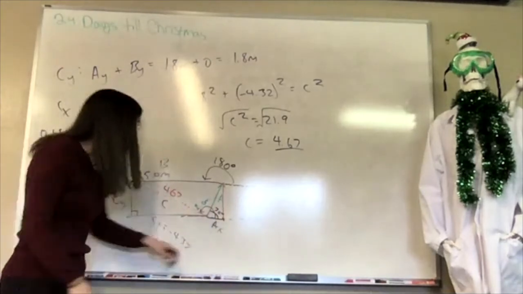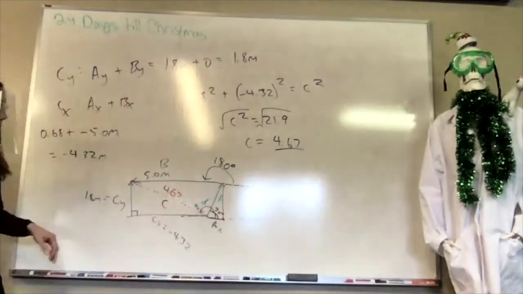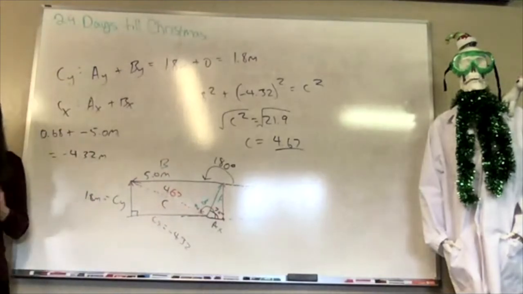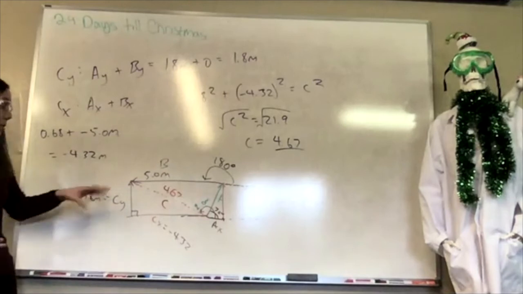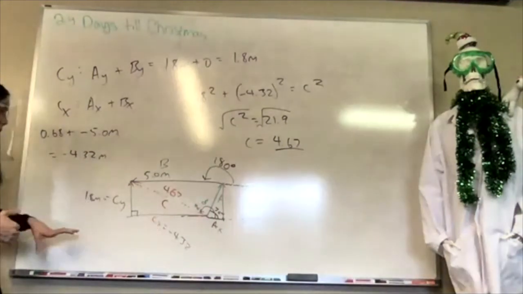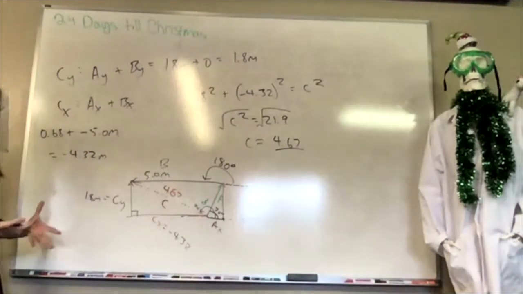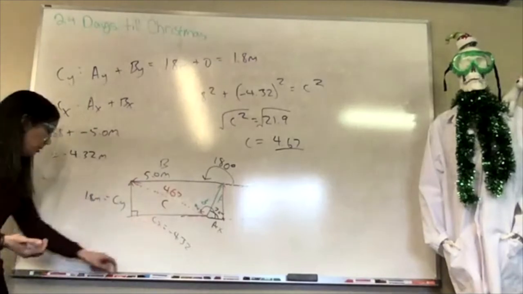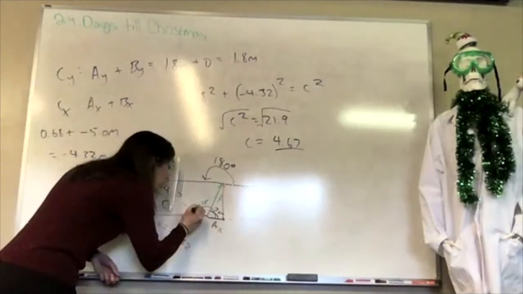Well, the simplest way to do that would be to use tangent. Tangent is equal to y over x. And so we can use inverse tangent of y over x to get the angle right here.